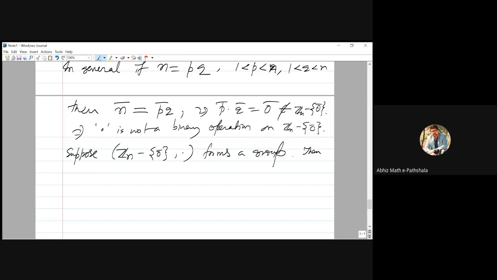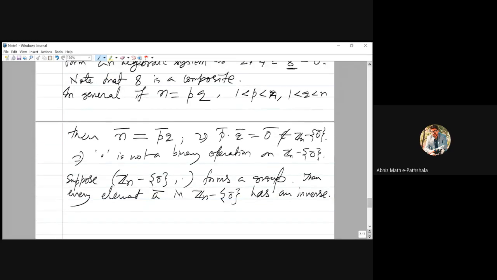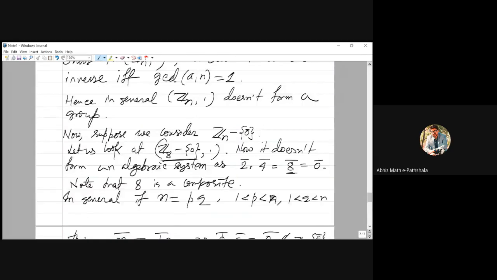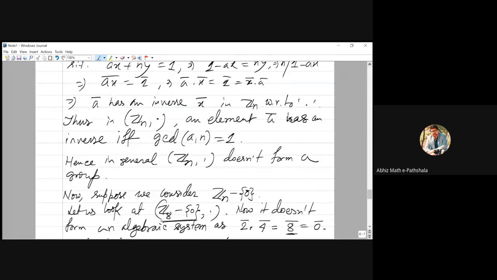Then every element A class in Zn minus 0 class has an inverse. Now you have already proved that an element in Zn has an inverse if and only if GCD of A comma n is 1.